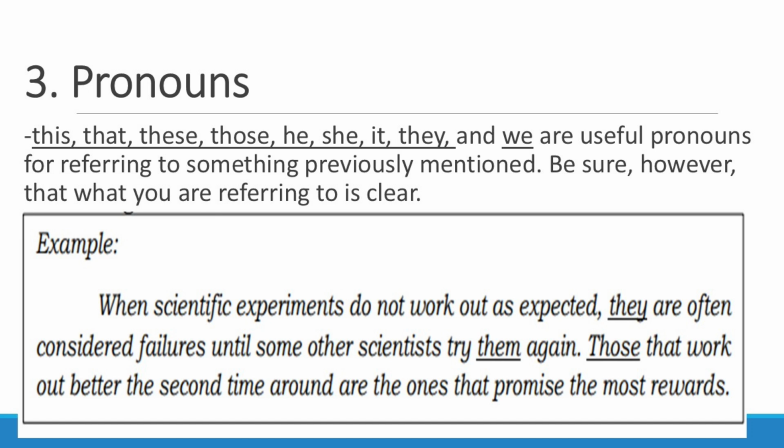Those that work out better the second time around are the ones that promise the most rewards. So in this example, the pronouns used are they, them, and those. These pronouns were used to highlight the focus word of the text.